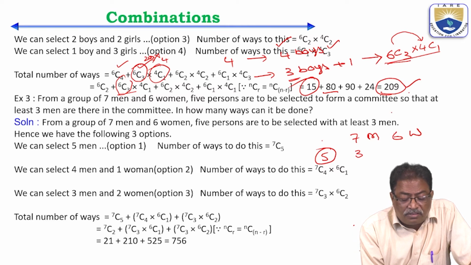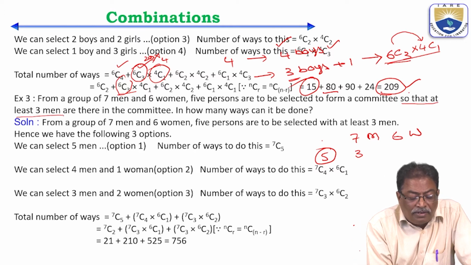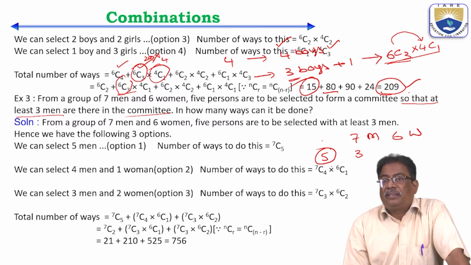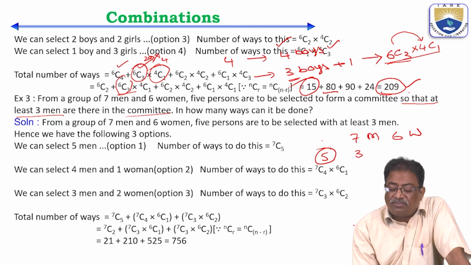So 5 persons are to be selected to form a committee so that at least 3 men are there in the committee. In that, at least 3 men should be there. The committee size will be 5.